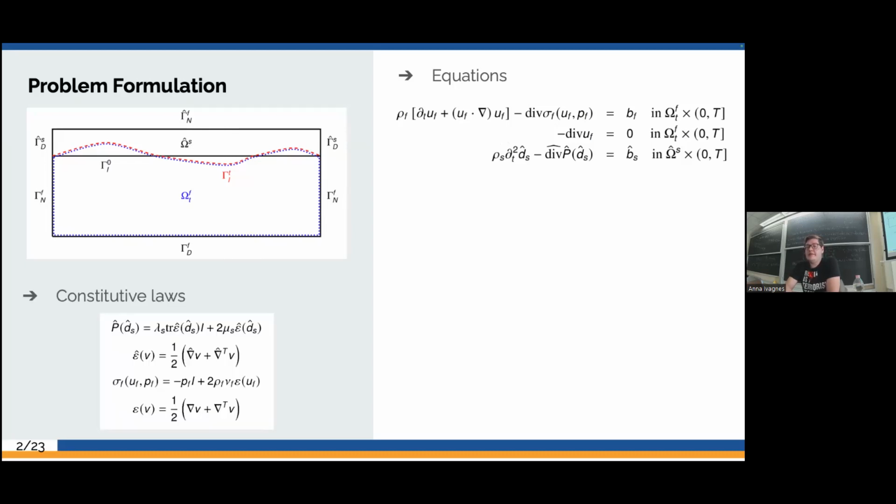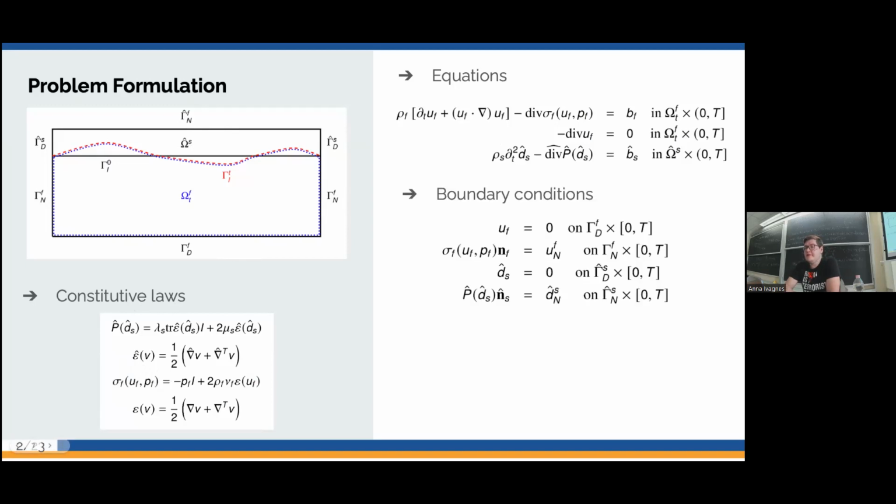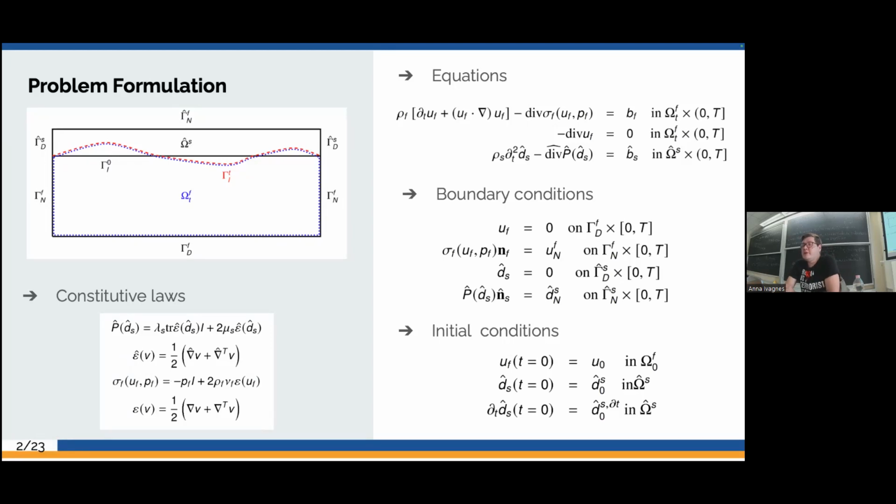The structure equation is governed by the second Piola-Kirchhoff tensor, which is given as follows, and the fluid part is governed by a Cauchy stress tensor, which is given here. The problem is also completed with some boundary and initial conditions, which are the following.